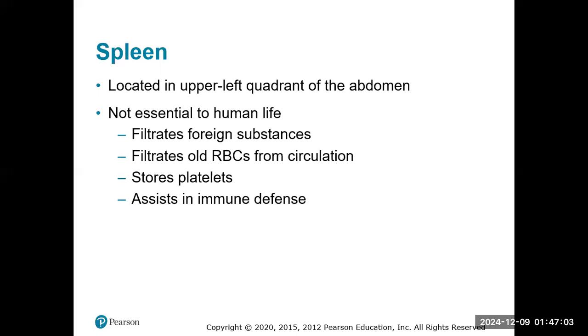Your red blood cells live for 120 days, and when they're old, sometimes the term is senescent, the spleen removes them from circulation. That also signals the bone marrow, hey, I'm removing these cells that are 120 days old, so the bone marrow should have new red cells to take their place. It also stores platelets, and the spleen does help with immune defense, but your body can survive without a spleen if necessary.